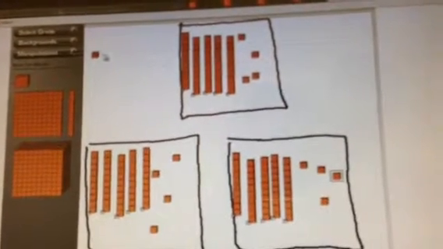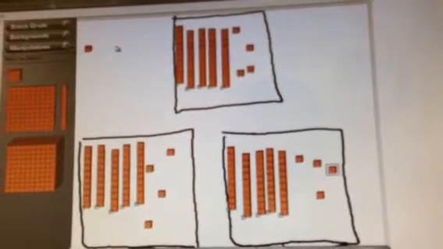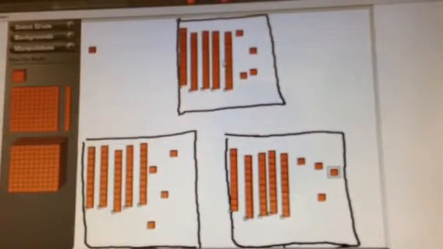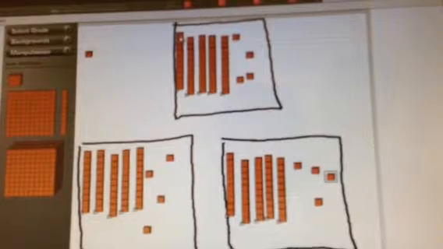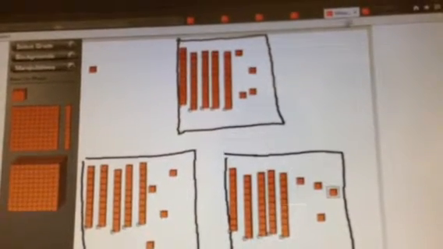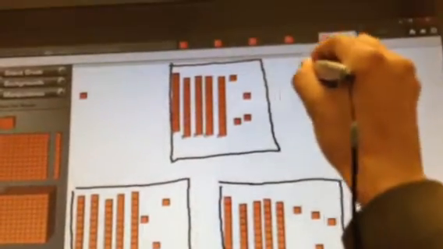Okay, so now we do have one left over, and now we're going to count how many we have in each group. So we have 1, 2, 3, 4, 5. So we have 5 tens. So I'm just going to write 5 tens. So that would be 50.